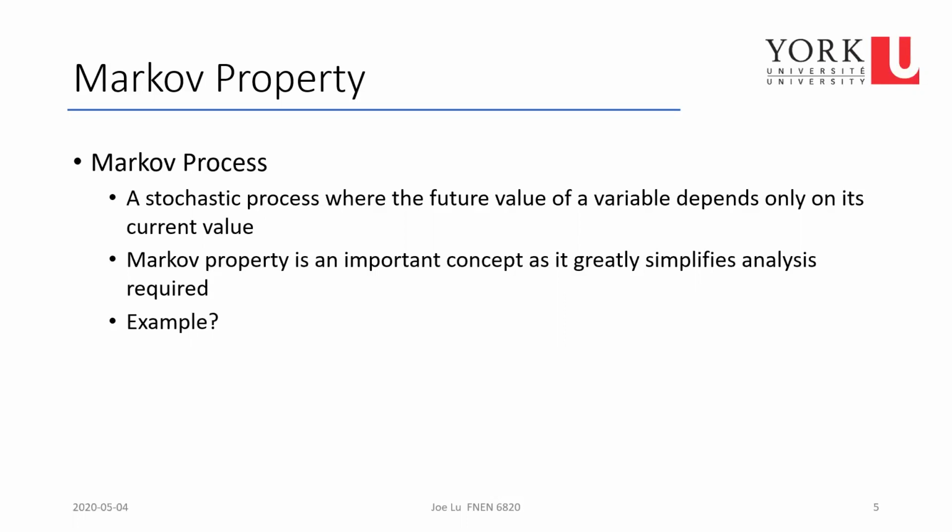Whereas if there's a non-Markov property there, so we lose the Markov property, then the value of this asset depends not only on the current value of the stock, but also on how you got to this value. Has it been going up to a particular boundary? If it has gone across a boundary, then the value may be different compared to a situation where the history of this particular asset has never gone across a particular boundary.